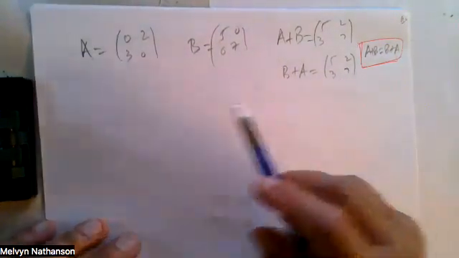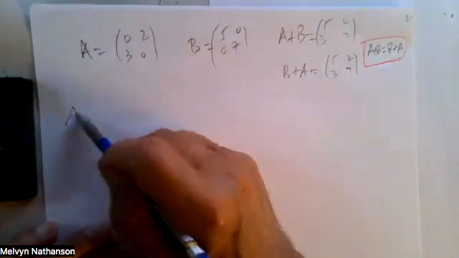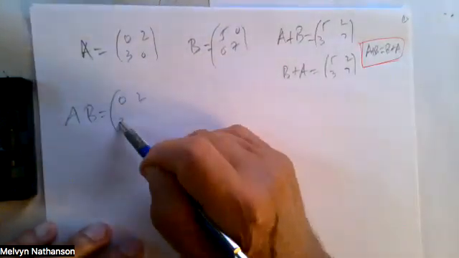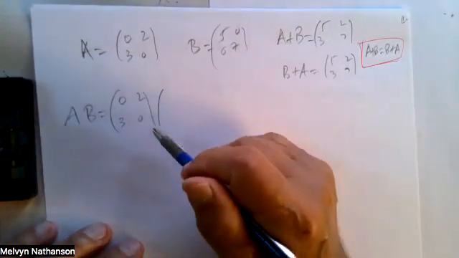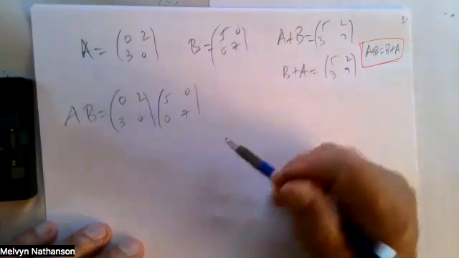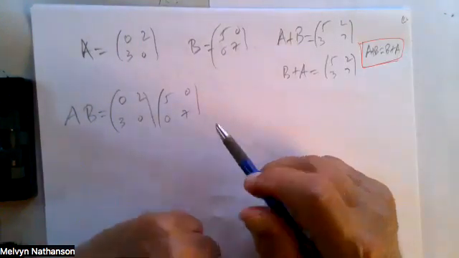Let's look at matrix multiplication. Let's multiply A times B. That's the matrix 0, 2, 3, 0 times the matrix 5, 0, 0, 7.